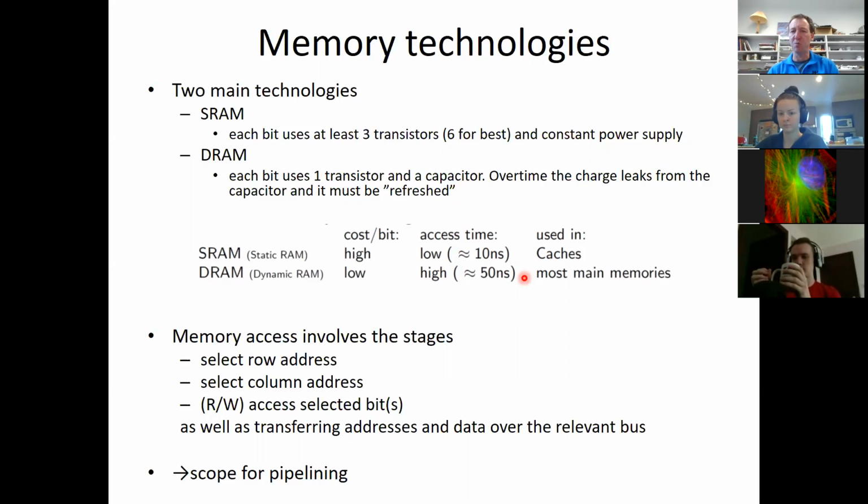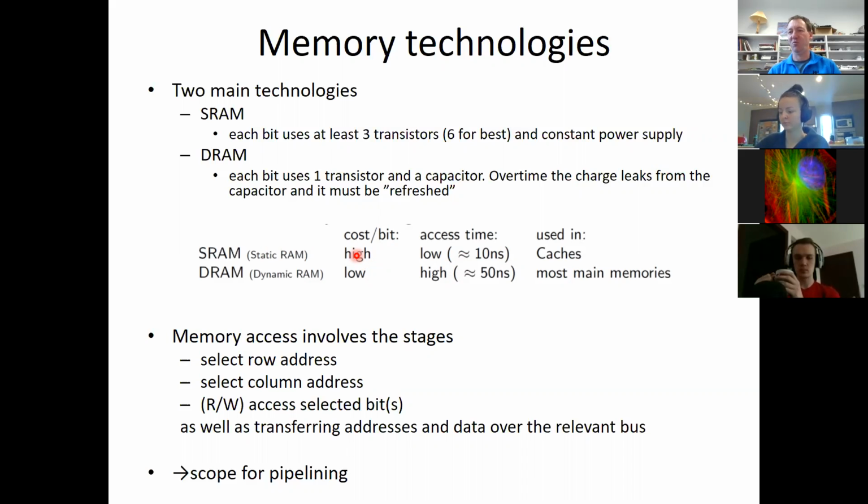Now, why wouldn't one use static RAM for all memory, caches and main memory? Well, it's mainly the price, because the production cost per bit for static RAM is much, much higher than for dynamic RAM. If you want a large main memory, it becomes exceedingly expensive to build it from SRAM.